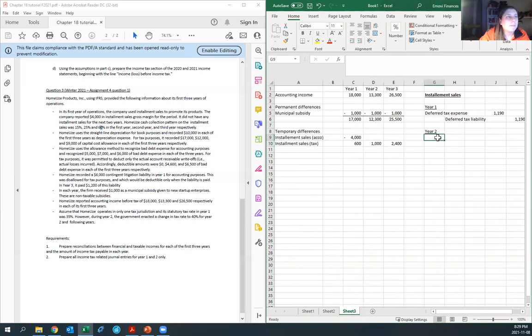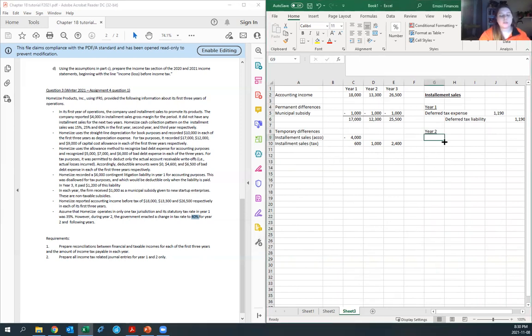But because there was a change in tax rate, you're going to have to take that into consideration and increase your deferred tax liability and deferred tax expense by the amount of difference of your change in tax rate. So by 5%, because in year two, your tax rate is going to be 40%.